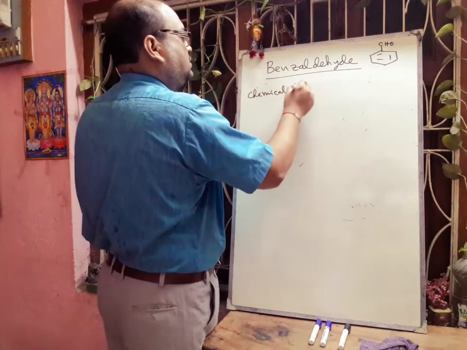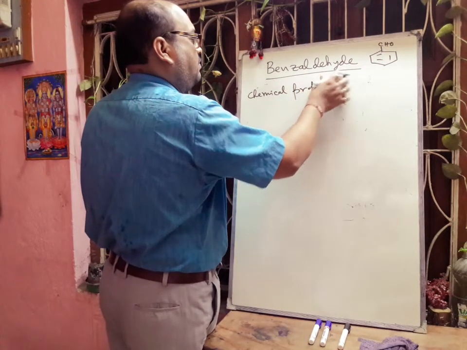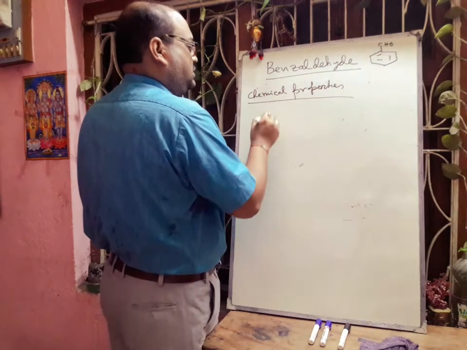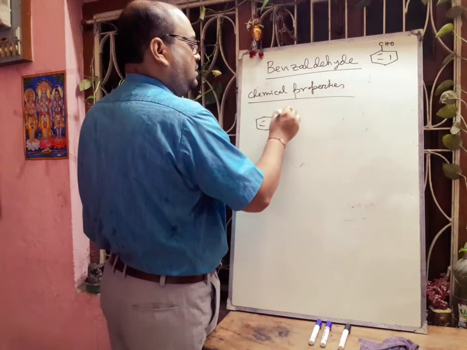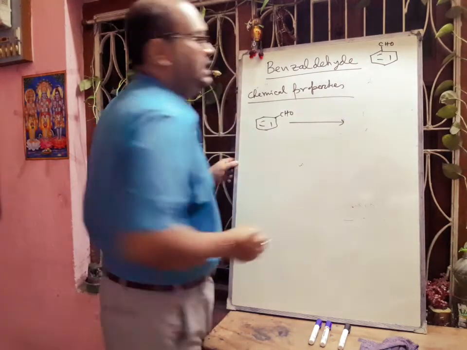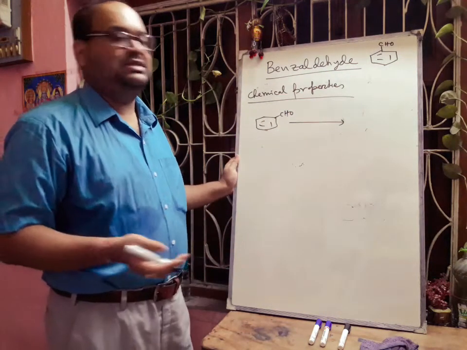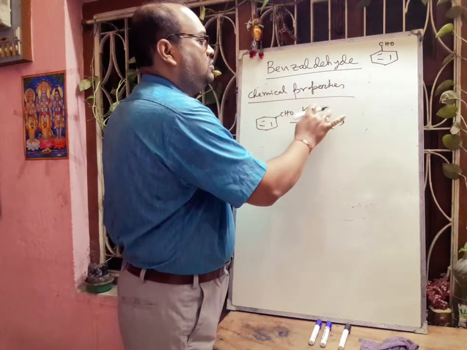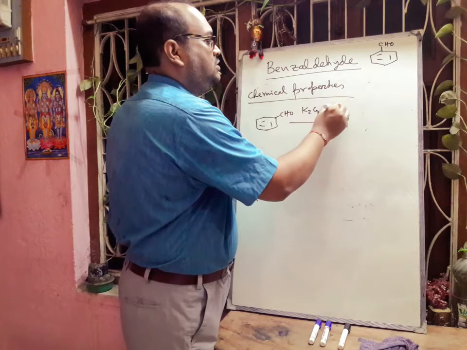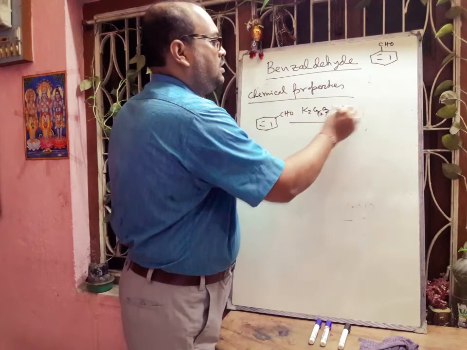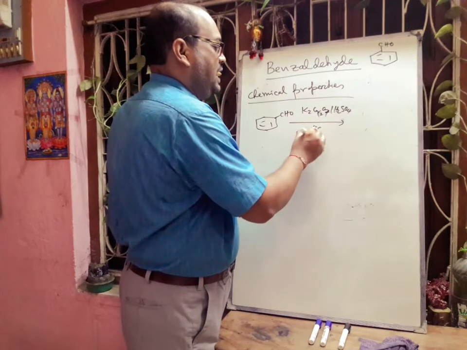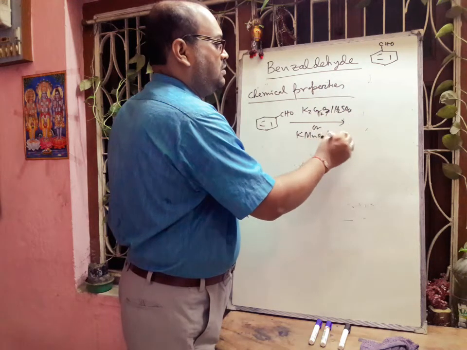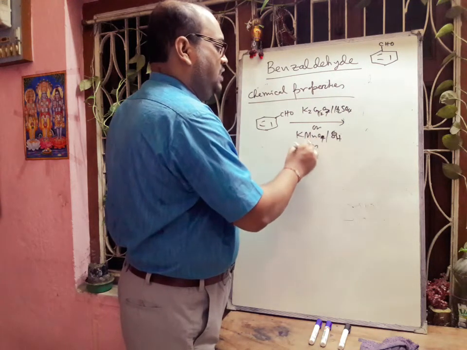Chemical properties. First, oxidation. If you take benzaldehyde and give any type of oxidizing agent, you can use acidic potassium dichromate, K2Cr2O7, H2SO4, or you can use alkaline KMnO4, or you can use dilute HNO3.